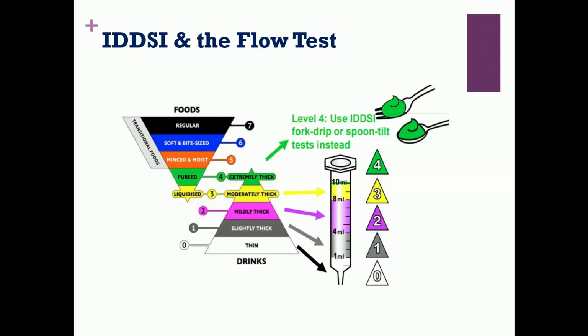So that would tell me that that's an IDDSI level 3 or level 4. And so we often use these descriptions and this test to assess which type of fluid consistency is going to be safest for your little one to drink.